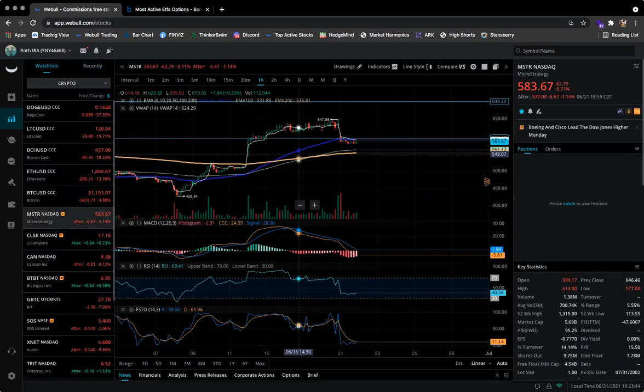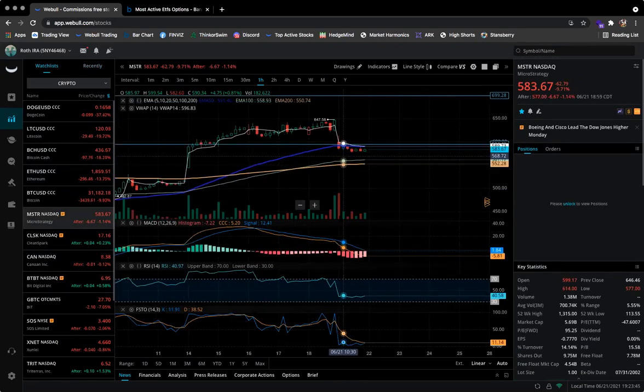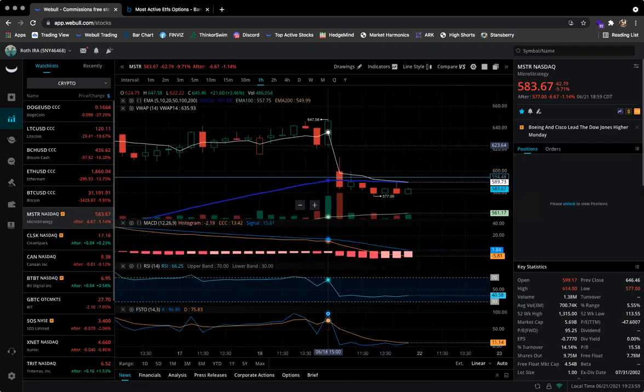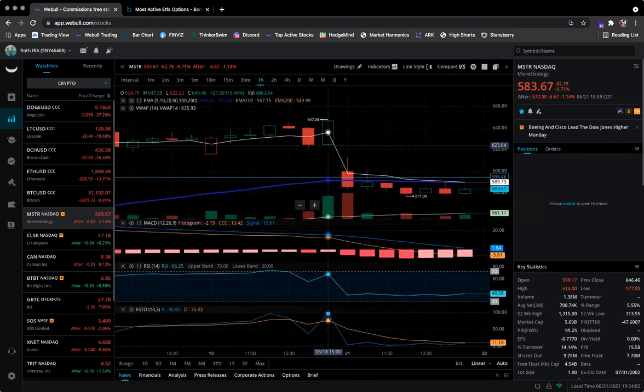Even with MicroStrategy, it completely collapsed at the open, right? Why? Because Bitcoin fell over the weekend. So the reason why these stocks are affected is because they are heavily invested in crypto, right? So if Bitcoin falls, then the value of this stock has to fall.